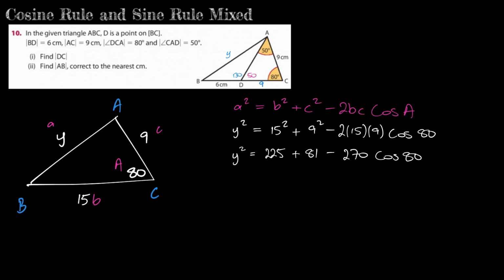Okay, that turns into y squared is equal to 225 plus 81 gives us 306 minus 270 cos of 80. At this stage we can type all that into the calculator. So y squared is equal to 306 minus 270 cos of 80.